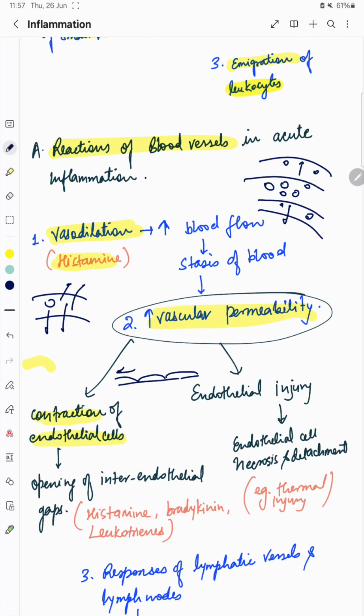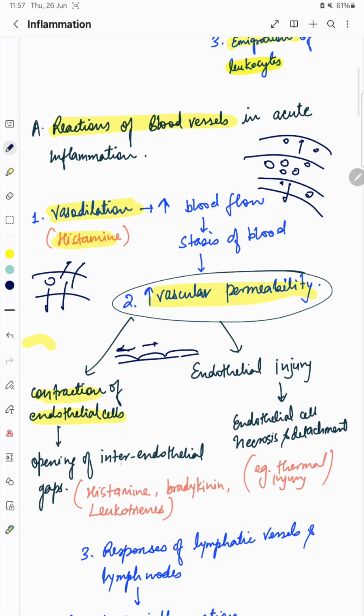Whenever there is contraction of these endothelial cells, there is an increase in the interendothelial gap, resulting in increased vascular permeability. This mechanism is usually mediated by various mediators of inflammation like histamine, bradykinin, and leukotrienes.